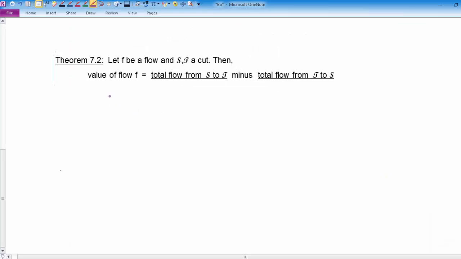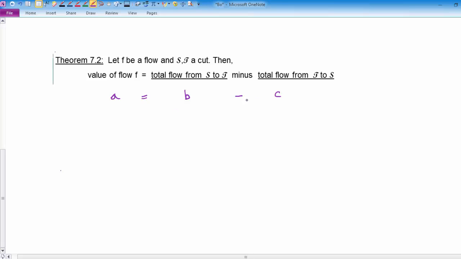Here, the value of the flow, let's call this value A. And in fact, in the proof of the theorem, they use the value A. And let's call this one here B, and then this one C. Now B is always positive. The total flow is always positive, and the value of a flow is always positive. So these are three positive numbers.